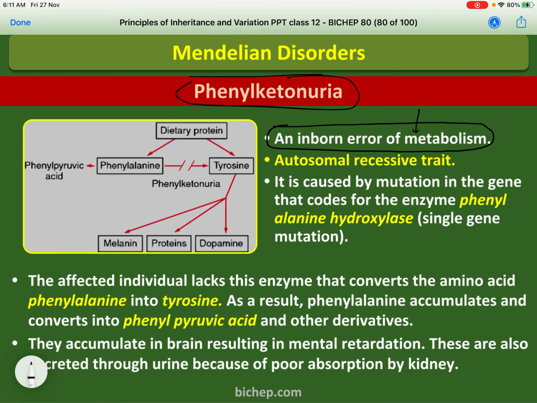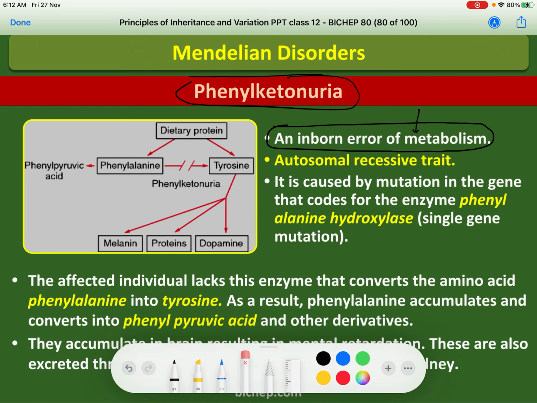So, if that particular enzyme is not getting produced, it results in error in a particular type of metabolic reaction, and that is why it is said to be inborn error of metabolism, because that gene is not functioning since the child is born. That is the meaning of the name which is given to them.